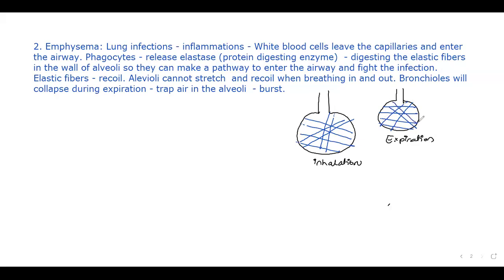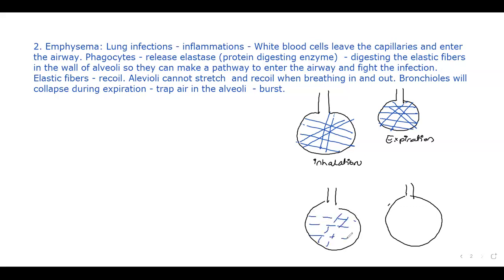In emphysema, what happens? In emphysema, these elastic fibers are damaged. So what is going to happen due to the elastic fibers being damaged? These are the damaged elastic fibers.